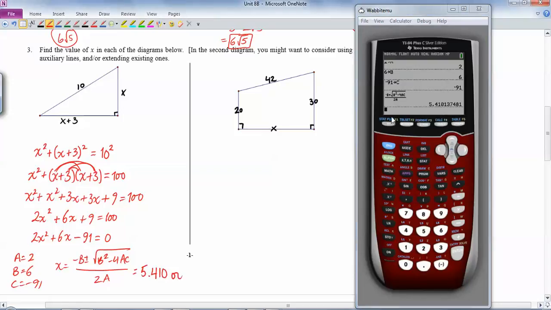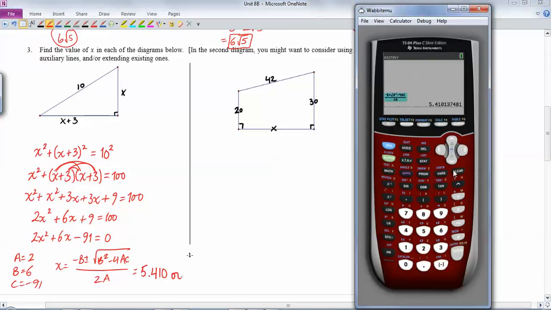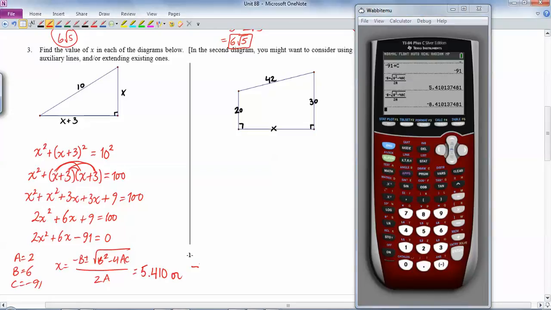Or if we do the negative version, so let me come back up here, and then I will choose the negative version. So I'll just switch the plus to a minus. I get negative 8.410. But notice one of the sides is x. I can't have a negative for the length. So the only answer is really this one.